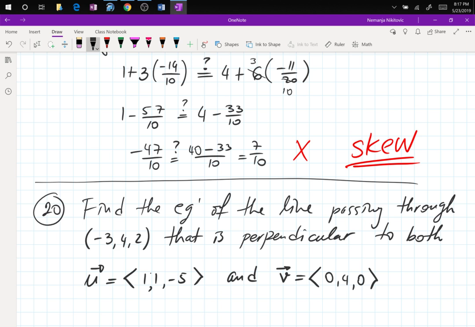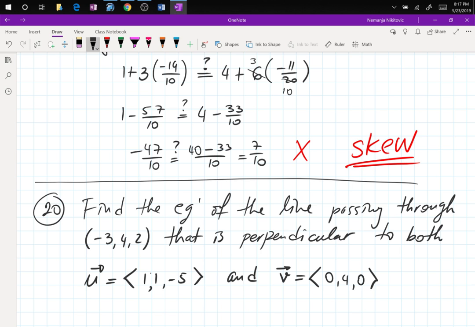Does anyone have any ideas of how we should proceed to this? You are given the condition that your line has to be perpendicular to two vectors, orthogonal to two vectors at the same time.